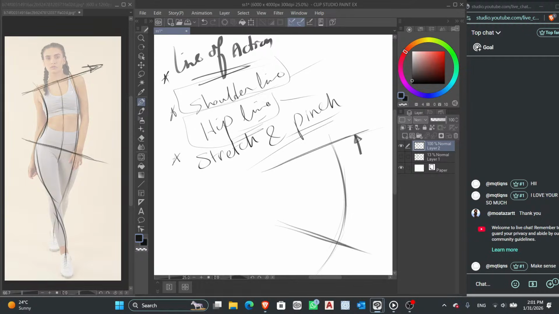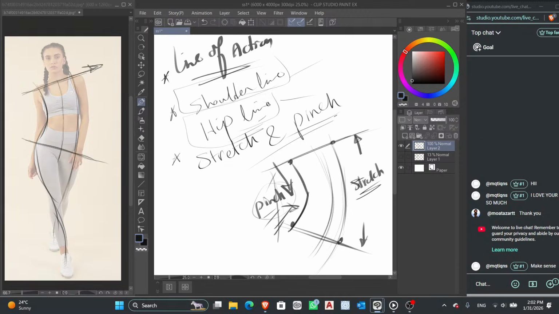These are going away from each other, so they make the stretch, and these are going close to each other, so they make the pinch. When these two points are close to each other, they make the pinch, and when these points are far from each other, they make the stretch. And that's how you get this shape.